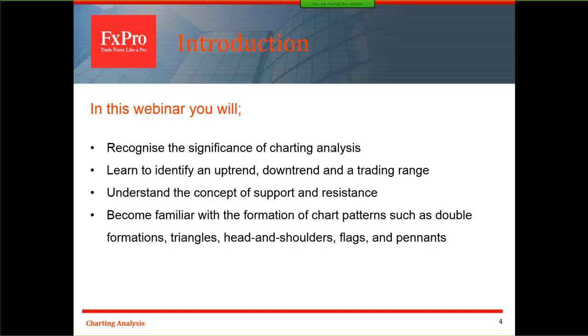They may all sound like patterns with funny names, but you'll see why they're called so in a few slides' time. And we'll also discover how to draw patterns on MT4 charts. So I'll go through some slides and thereafter we'll move on to the actual MT4 platform and show you how you can draw some patterns, identify patterns, etc.